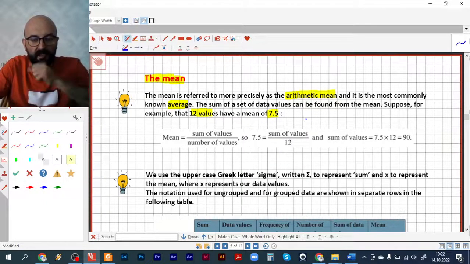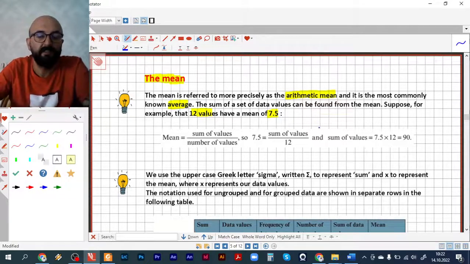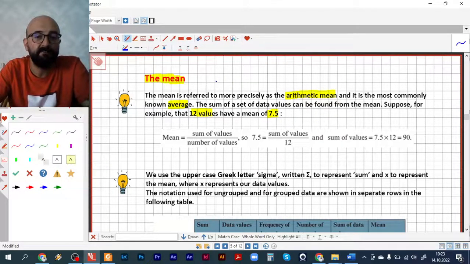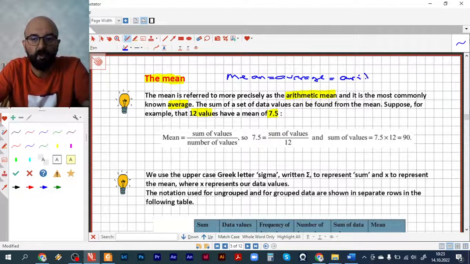Firstly, these words are the same: mean, average, or arithmetic mean. When you read sentences, and you see one of these words, you should think they tell us a mean.